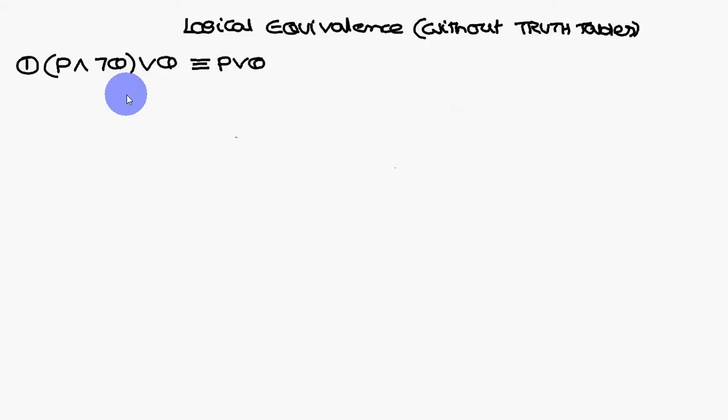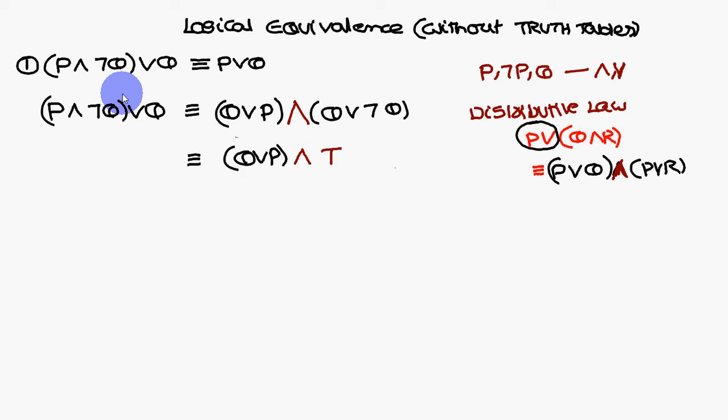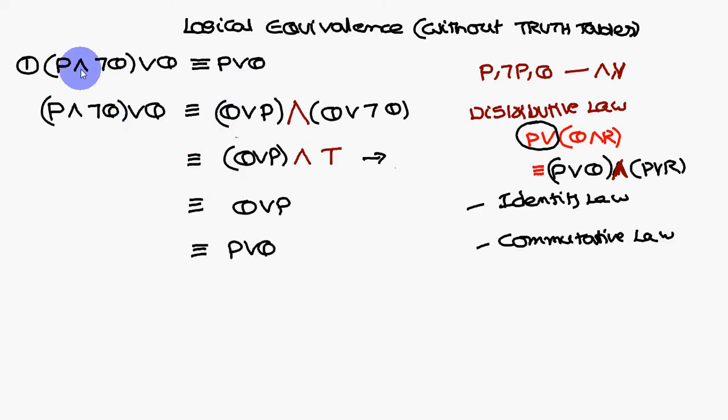Next, one more problem. He is saying (P and not Q) or Q. We have to prove this is logically equivalent to P or Q. I have taken the left hand side.